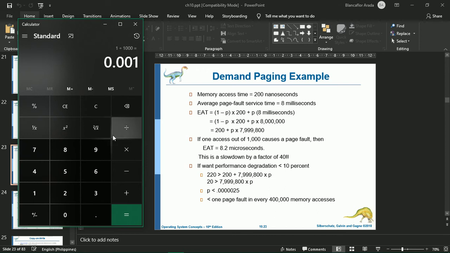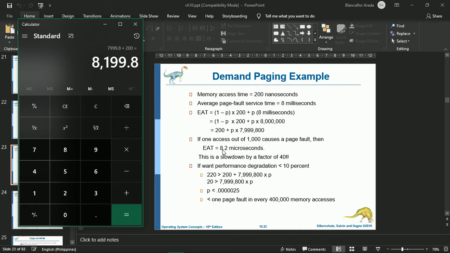Then multiply it with 7,999,800. Okay, we'll get 7,999.8. And then 7,999.8 plus 200, so that's why we have 8,199.8.